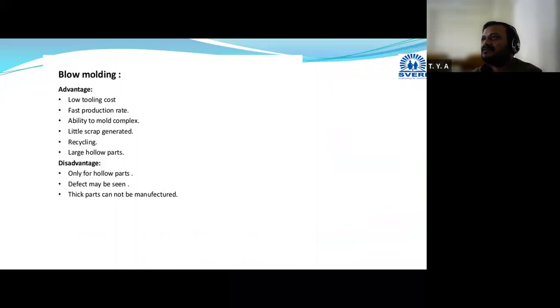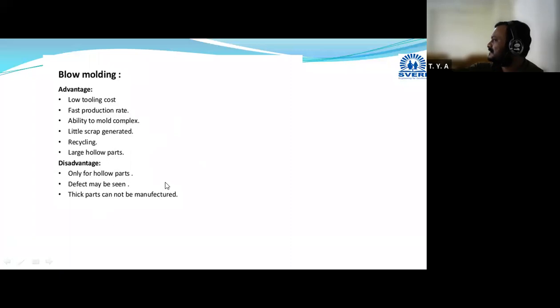Now, in the disadvantages, you can highlight this point. Only this blow molding can be used for manufacturing of the hollow components. I have repeated that point again and again, that we can manufacture only hollow parts here. And that you can write in the disadvantages also. Then defects may be seen.